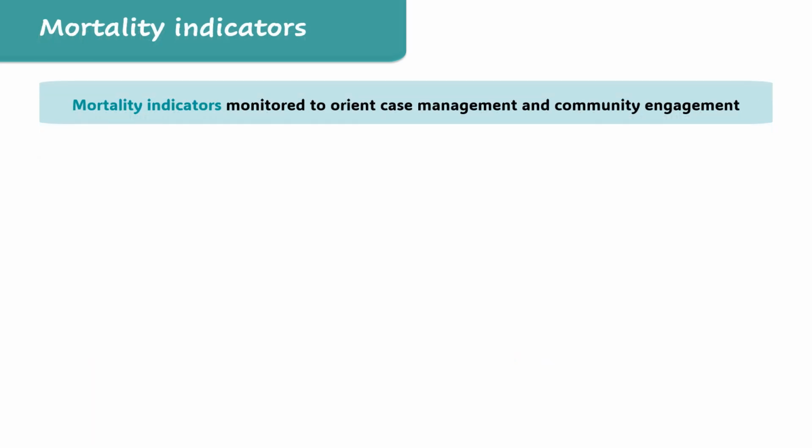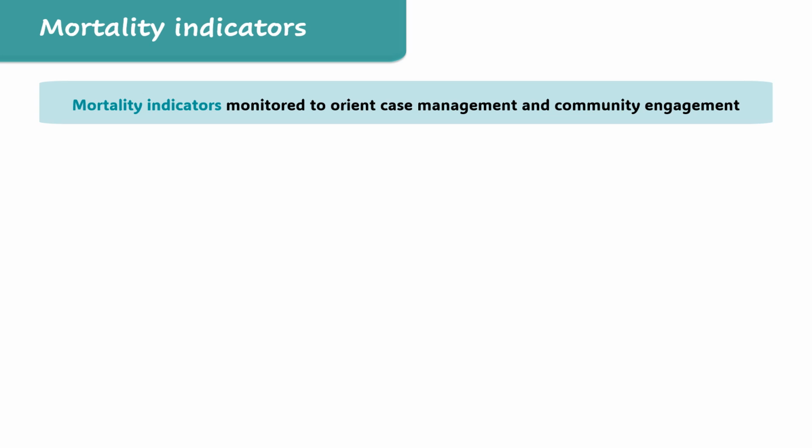Mortality indicators are calculated and monitored at the surveillance unit level or lower level as part of the weekly data analysis. Weekly values are compared with previous weeks and with cumulative values. Monitoring mortality indicators is helpful to orient case management and community engagement interventions as needed.